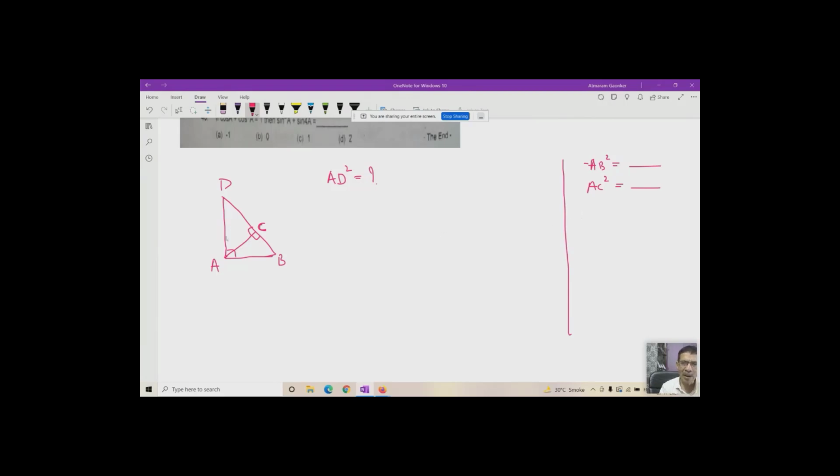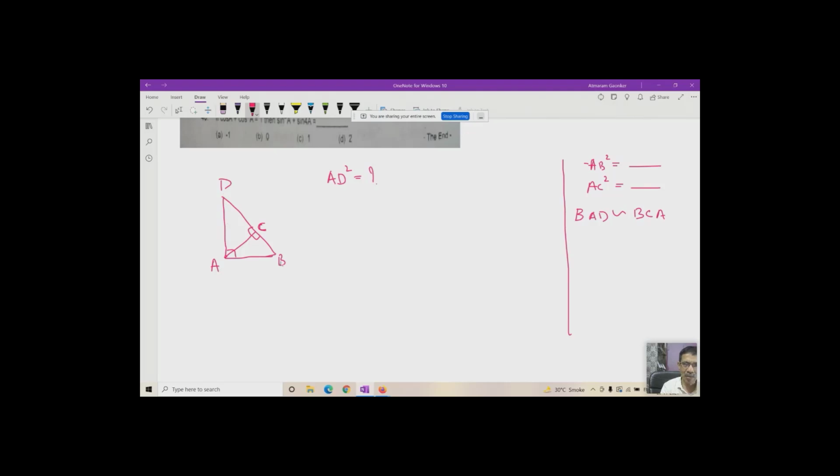The 6th point is this triangle, Pythagoras theorem. In that, I had told you the whole triangle BAD is similar to the triangle BCA.